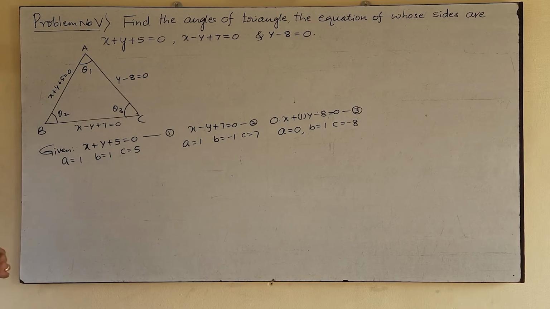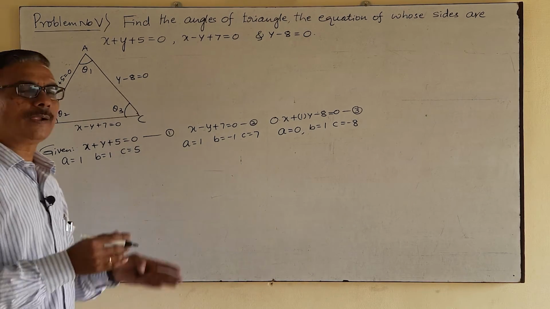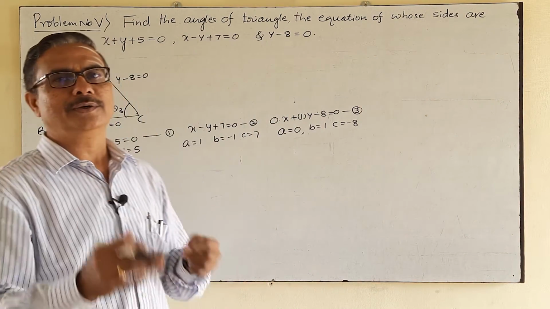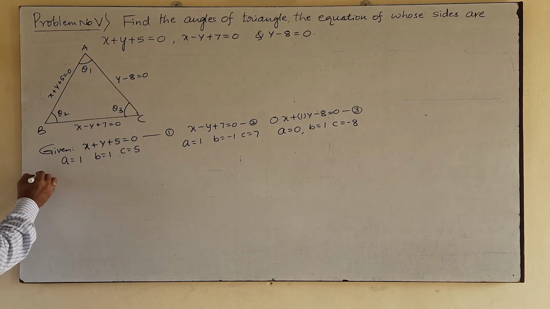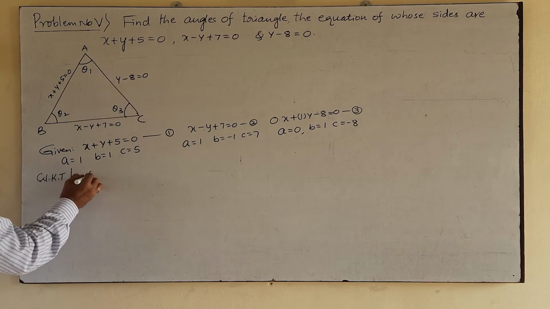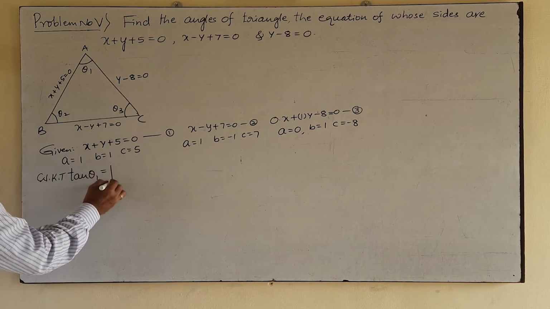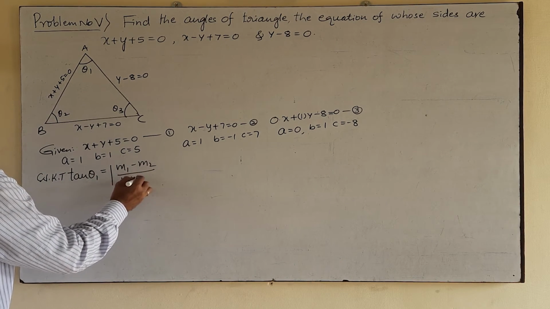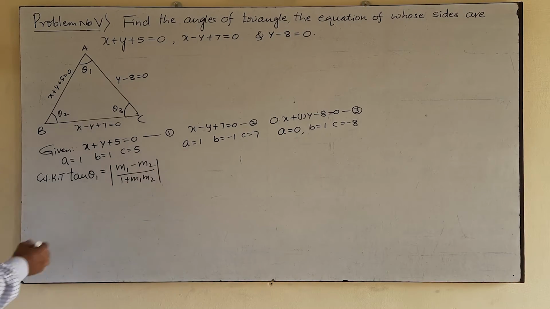Now you know the formula. The angle between two lines is given by tan theta is equal to modulus of m1 minus m2 divided by 1 plus m1 m2. So taking theta 1, tan theta 1 is equal to modulus of m1 minus m2 divided by 1 plus m1 m2.